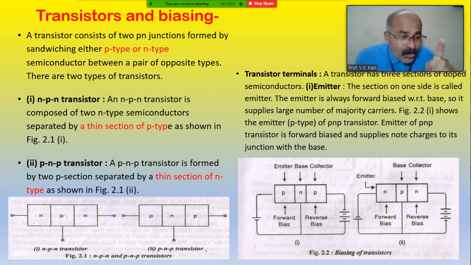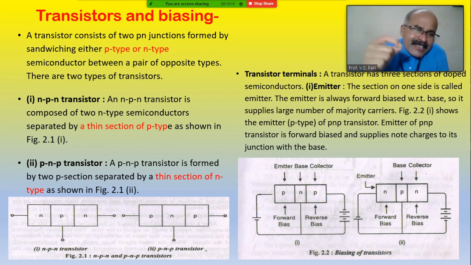In view of electronics, only the active region is very effective, very applicable. And in the active region, the transistor acts as an amplifier.